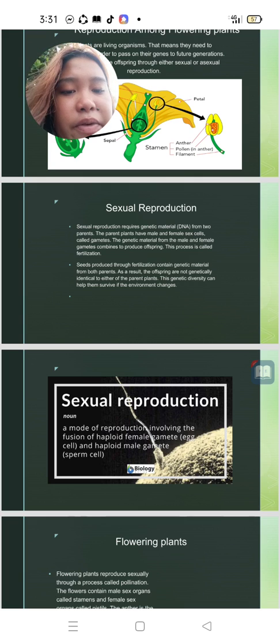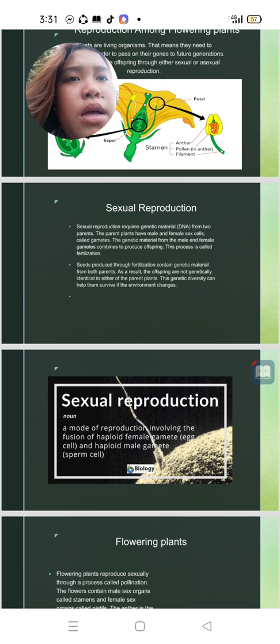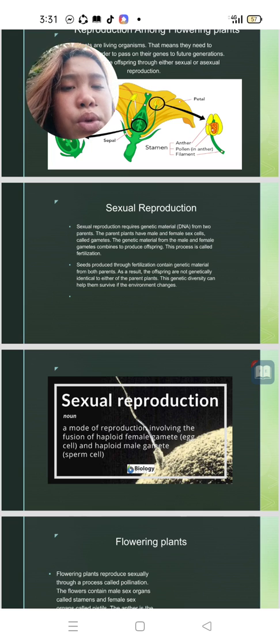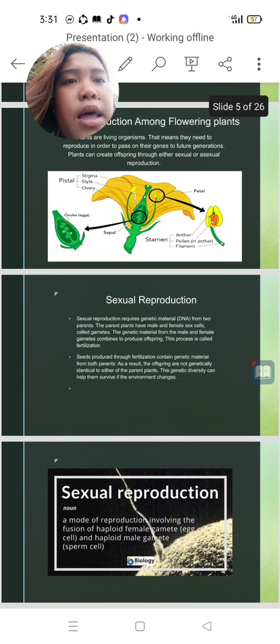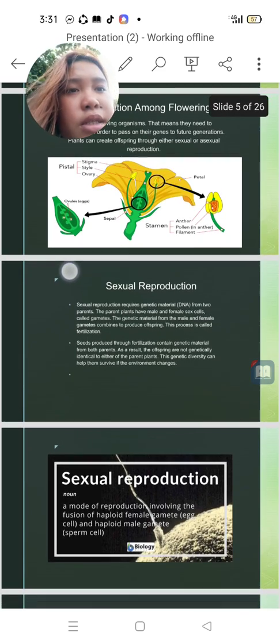This genetic diversity can help them survive if the environment changes. As you see in the pictures, this is the process of reproduction of plants.